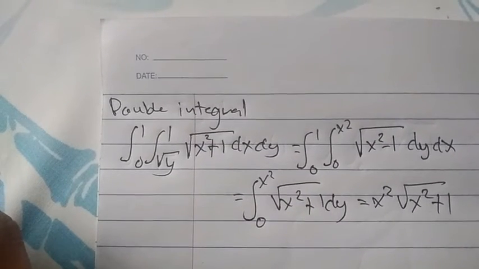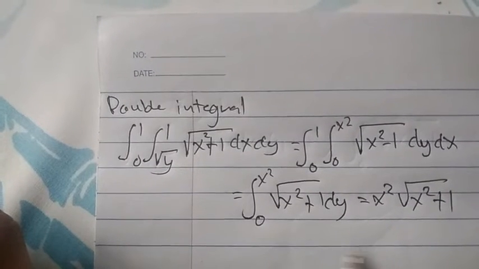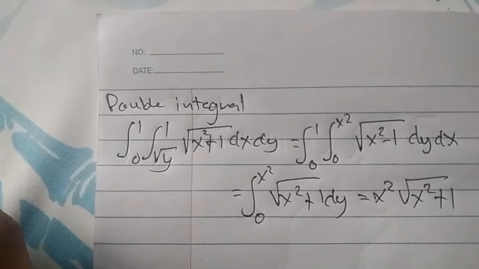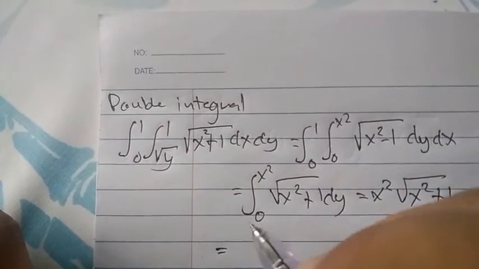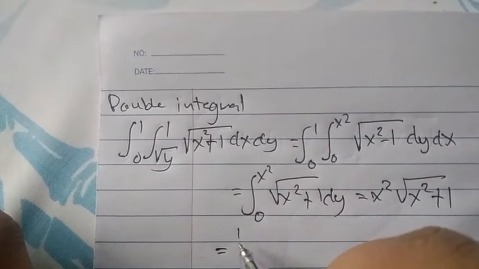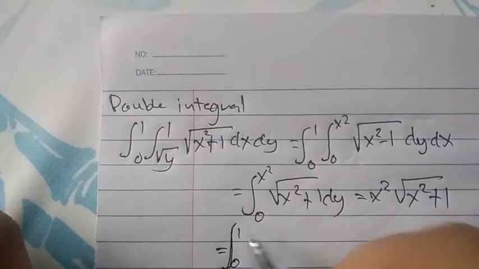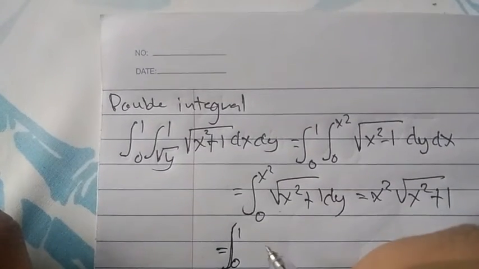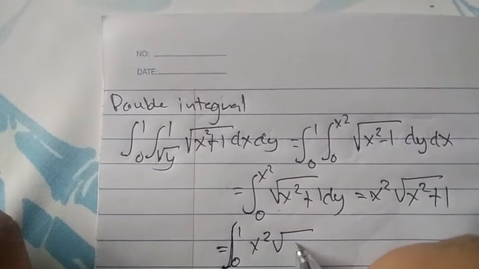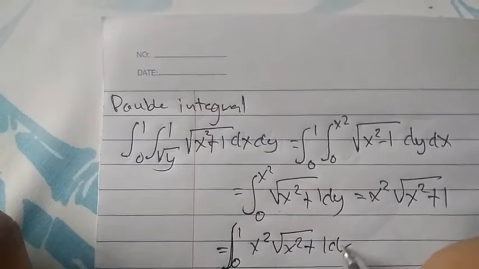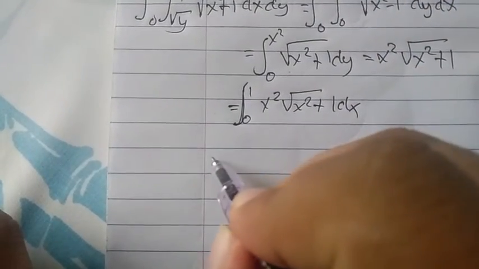Then after we do that, this will be equal to the integral with limits 0 to 1 of x squared times the square root of x squared plus 1 dx. Then solve this part.